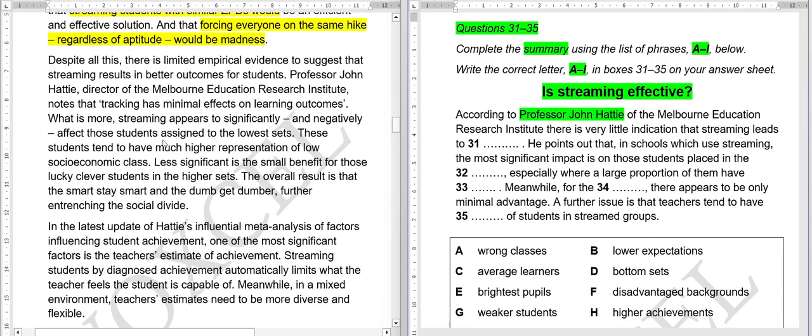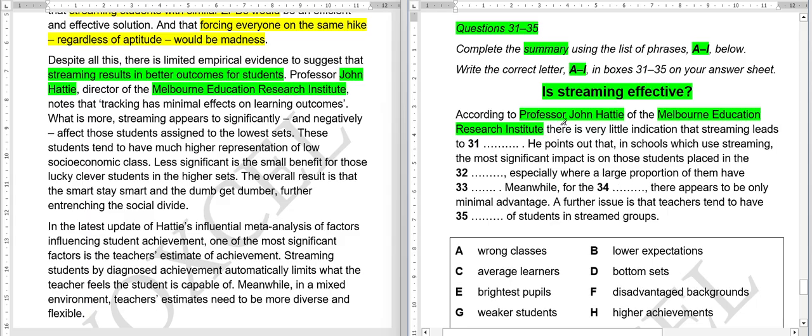Let's read it. Despite all this, there is limited empirical evidence to suggest that streaming results in better outcomes for students. So, is streaming effective? Is streaming giving results to students? Professor John Hattie, Director of the Melbourne Education Research Institute.